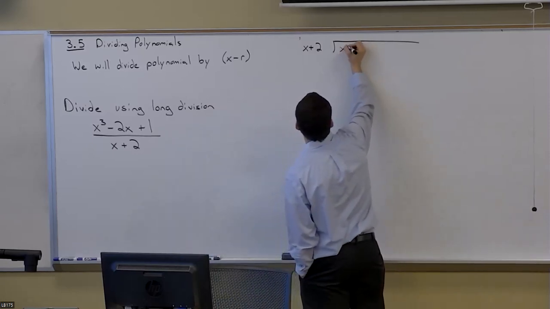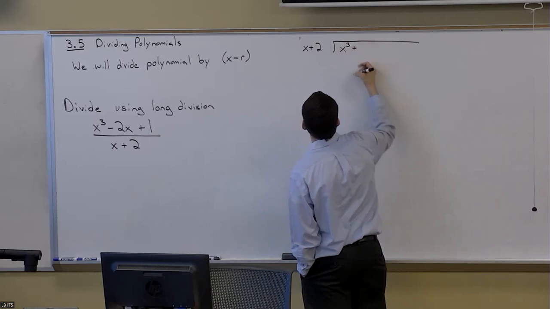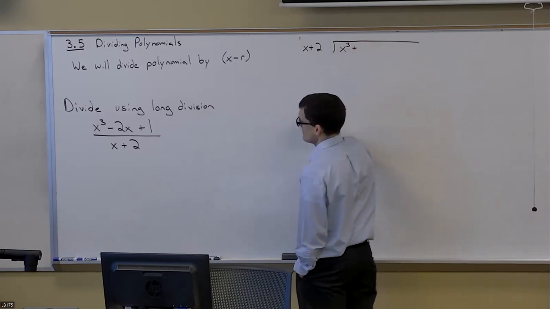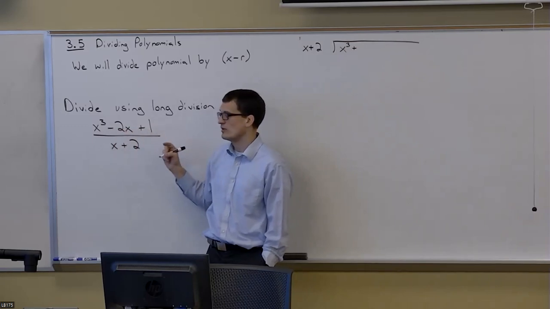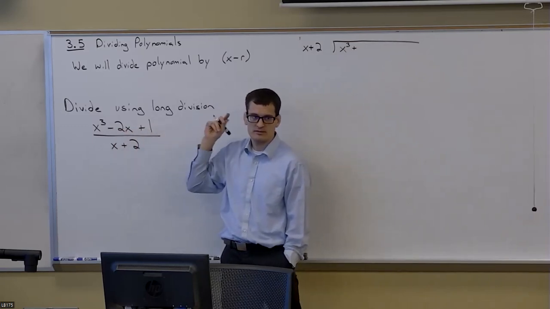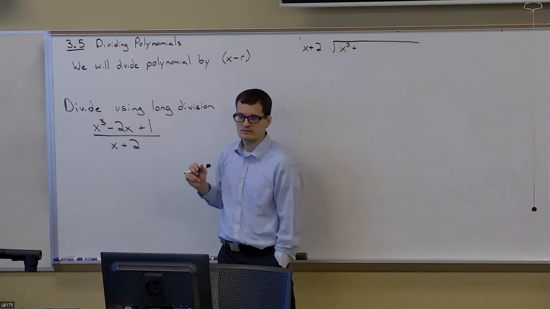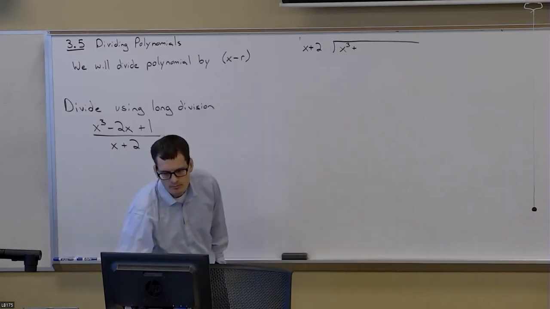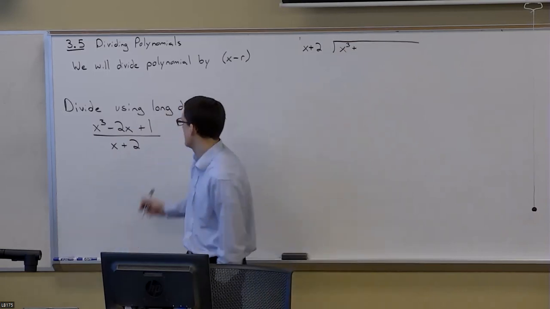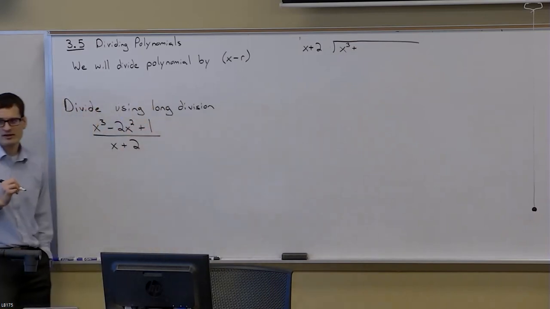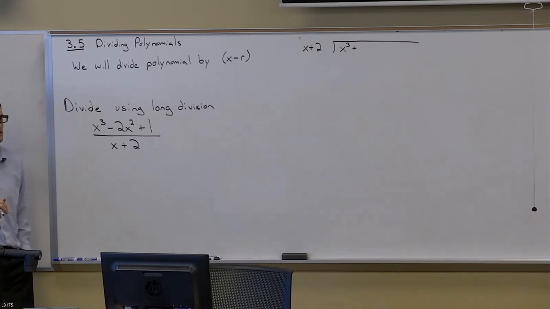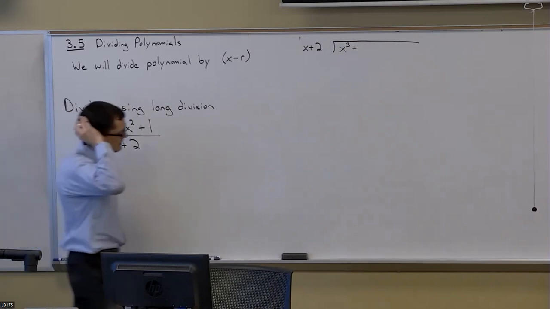And what we're going to do is make sure each term is represented. Now you'll notice we have an x to the third minus 2x plus 1. Oh, I'm sorry. I want to do 2x squared plus 1. I want to have the same as what we did last time.